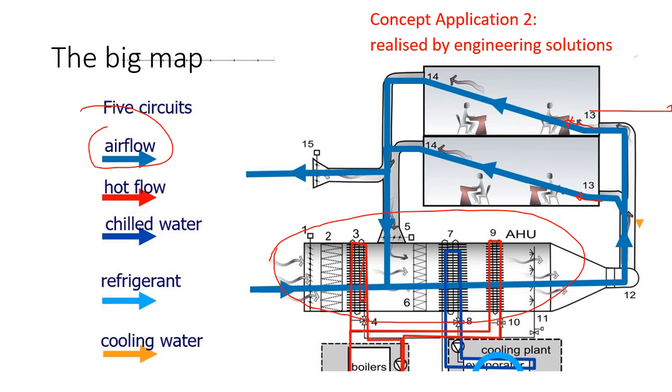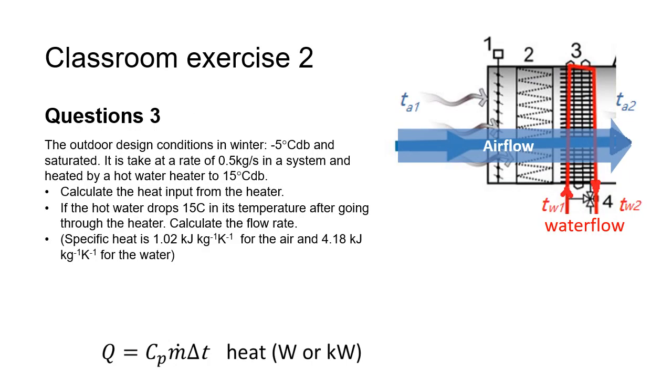So that is how in engineering we realize the state change for the air by heating, cooling, humidification, dehumidification. Right, now in this exercise, we do some calculation to show how the sensible heat, Q equals Cp multiplied by flow rate multiplied by temperature change, can be applied to air, and can also be applied to water.